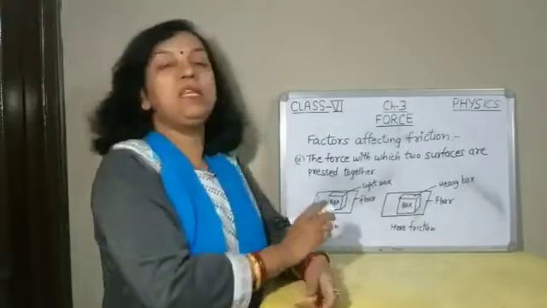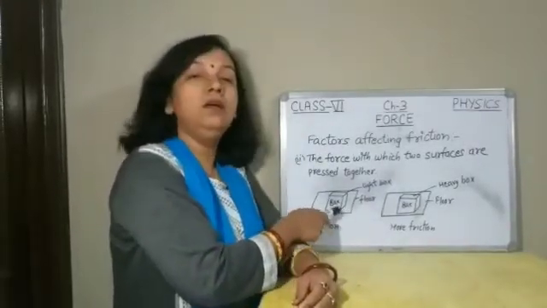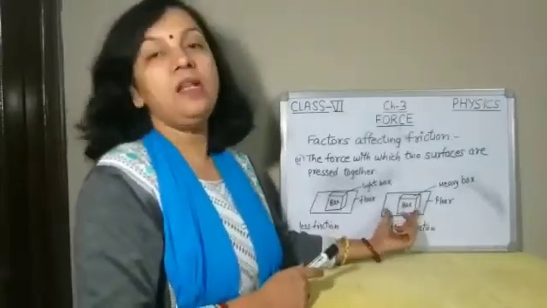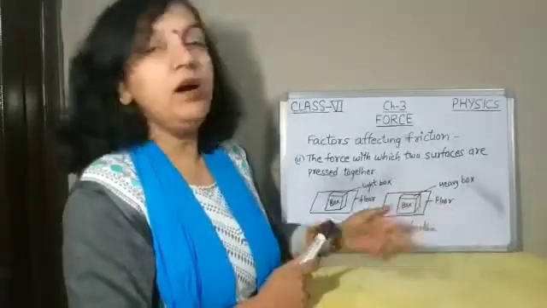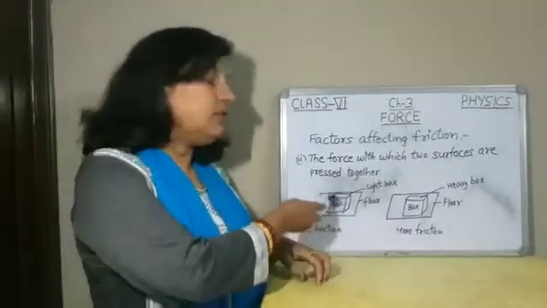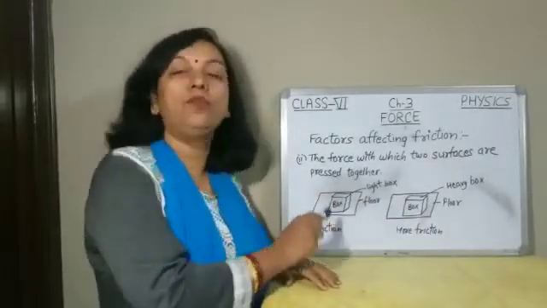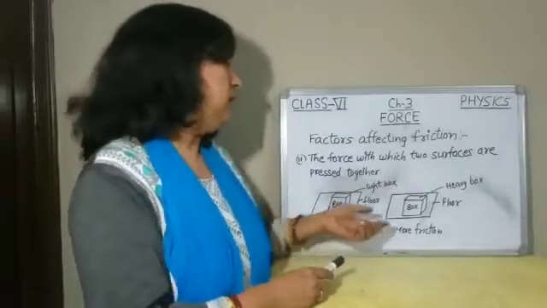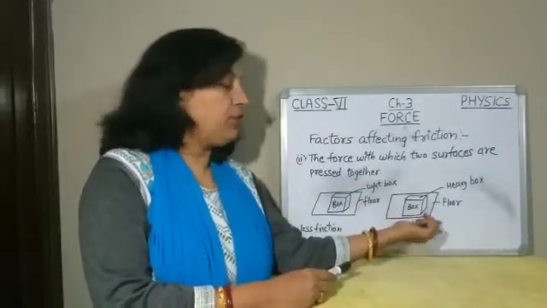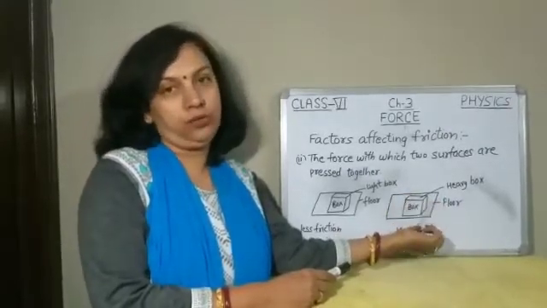Then what we will see is, we have to apply less force to move the light box, while we need a much larger force to move the heavy box. This shows that there is less friction between the surface of the floor and the surface of the light box, and much more friction between the surface of the floor and the surface of the heavier box.